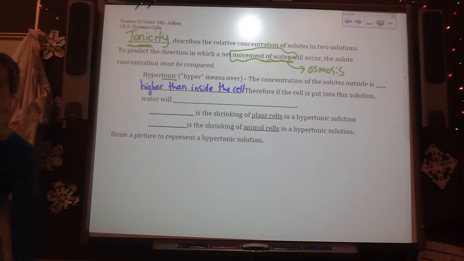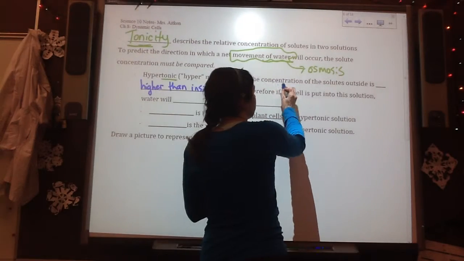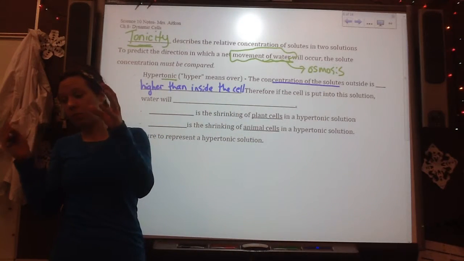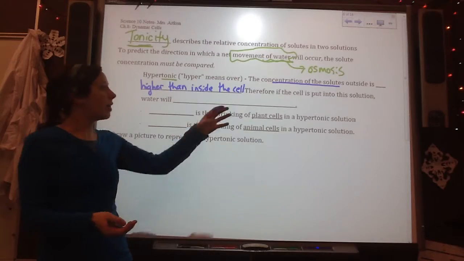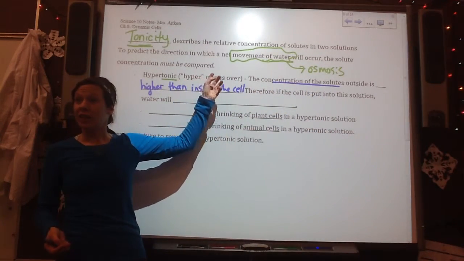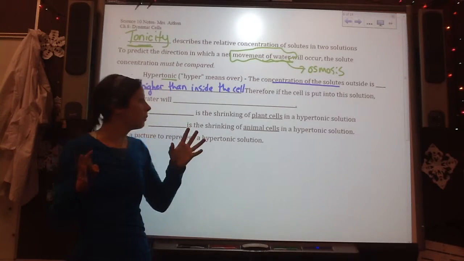So when I think high concentration of solutes, I think, okay, a solute, remember that's what's dissolved in the solvent. So I think like too much sugar. When you have too much sugar, you're hyper, you know? So that's how I remember that word.